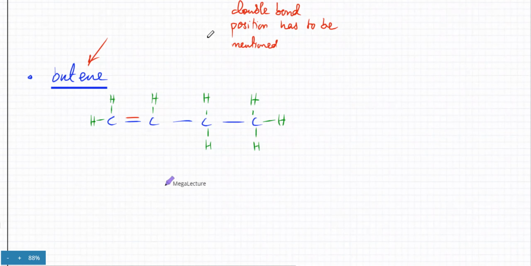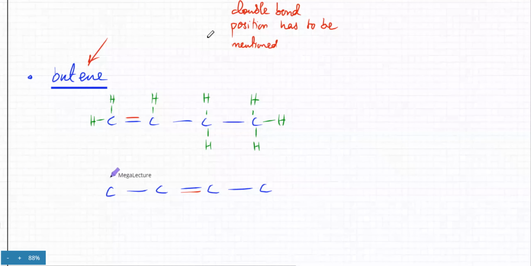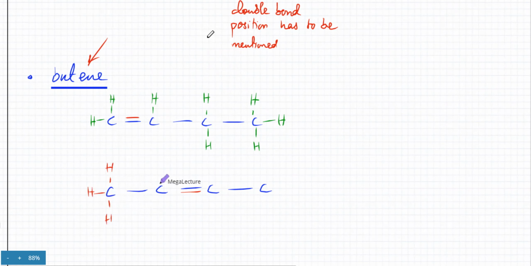Or if I ask someone else to make butene, he's going to take four carbon atoms, and again he would be confused where to put the double bond, and he might put the double bond over here in the middle. And now the two separate molecules that are being drawn, this will have four bonds, this would have three more hydrogens.